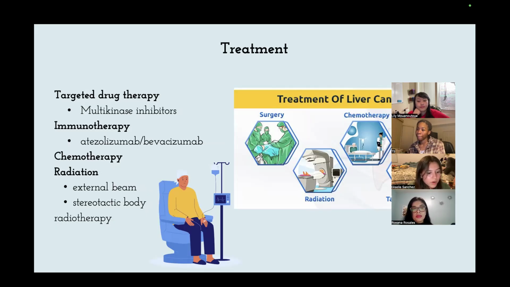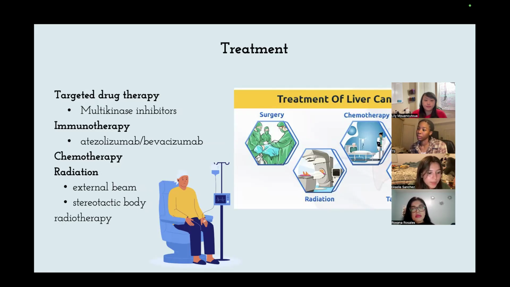And then immunotherapy, it's usually for advanced liver disease, and it's usually in combination with either chemotherapy, radiation, or even surgery. It just uses your immune system to fight cancer cells because cancer cells produce proteins that bind to your immune system cells, so it interferes with that process.